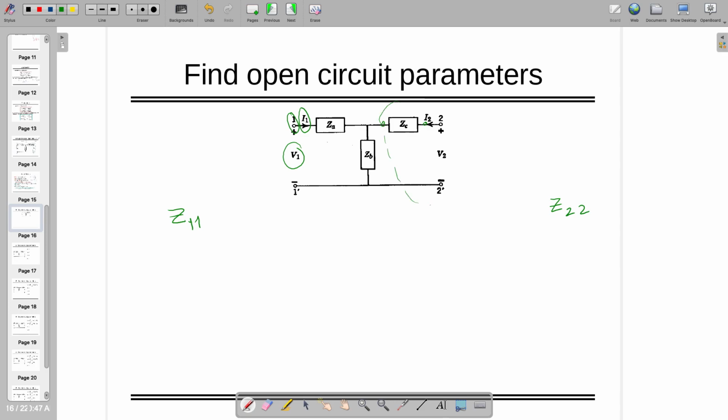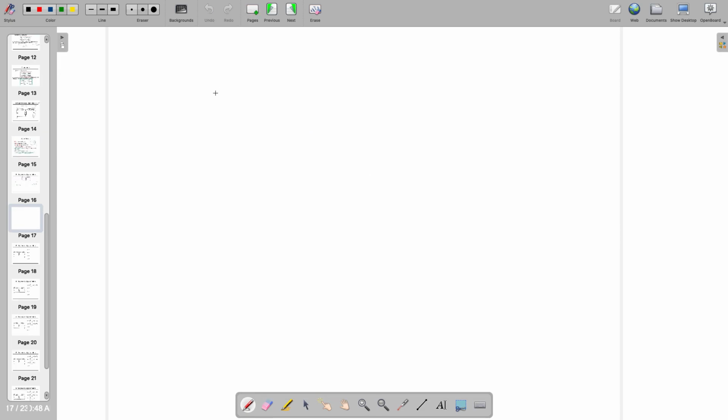There is no impact because of V2 and I2. So what are you seeing? ZA plus ZB. Similarly, ZB plus ZC.